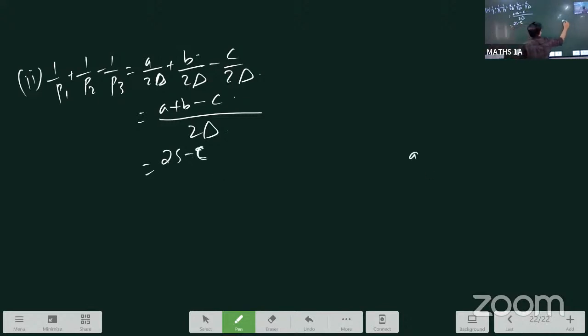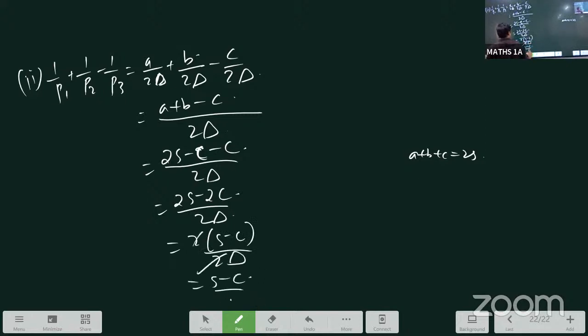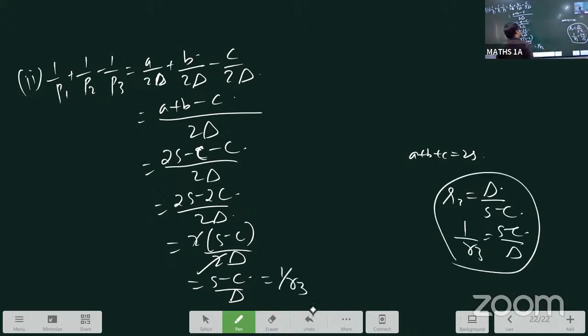Because I said already, your a plus b plus c is 2s. So 2s minus c by 2 delta. 2s minus 2c by 2 delta, 2 common, right? 2 gets cancelled, s minus c by delta. But what is the r3 formula? Delta by s minus c. Then 1 by r3 will be s minus c by delta. Is it clear? Which is nothing but 1 by r3.